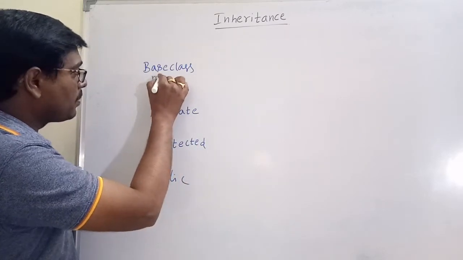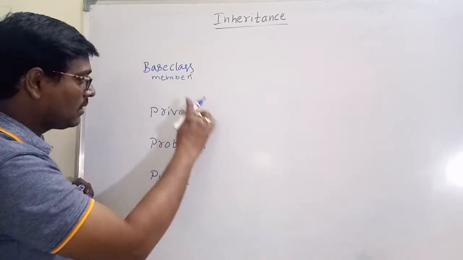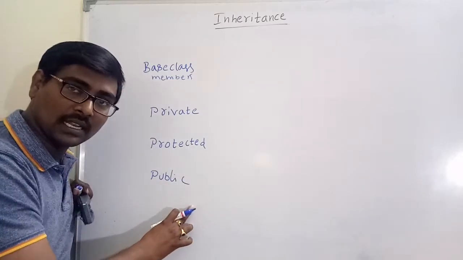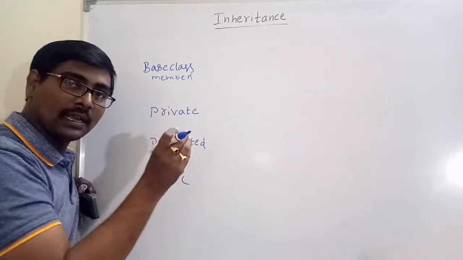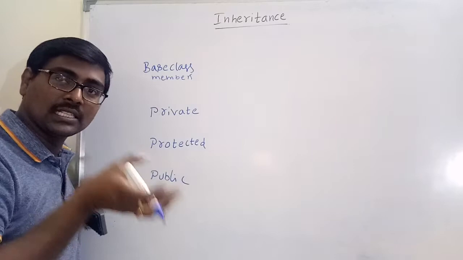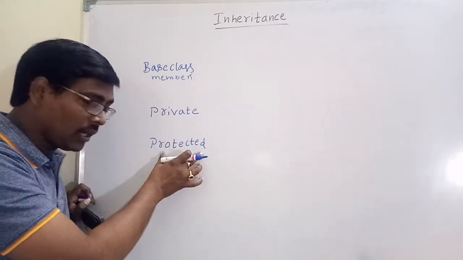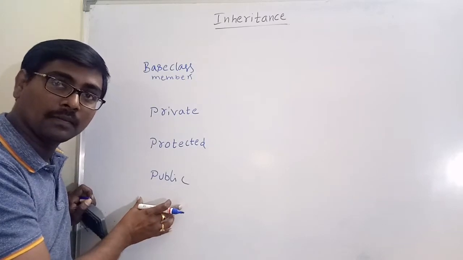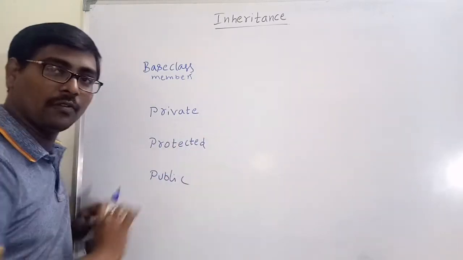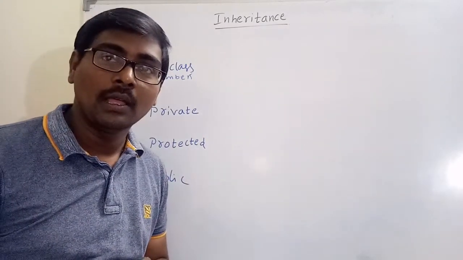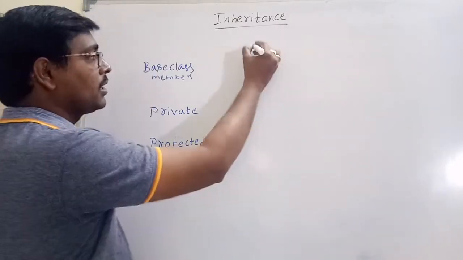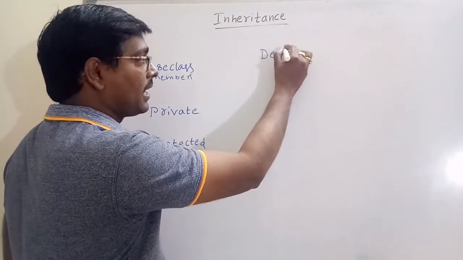These are the visibility modes of the base class members. That is, consider a base class which contains some members. The members are of either private type, protected type or public type. We have members of different types. Now, the derived type.